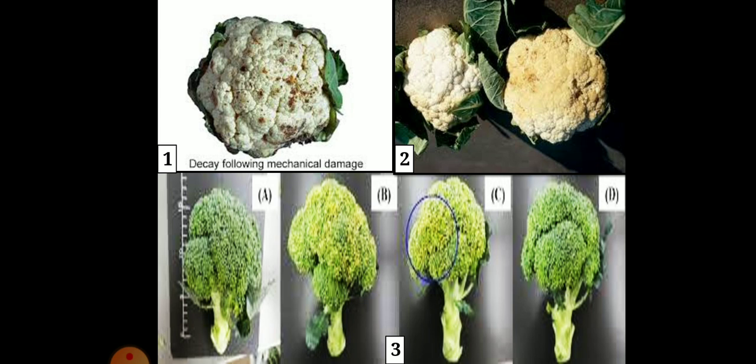In the second image yan, the first cauliflower is the normal color, but the infected one, the damaged one, yun, nag-yellow na siya. And in the third image, we have here the yellowing of the florets of this broccoli due to over maturity. No? It was harvested over matured, and the green color of the florets will now turn to yellow.